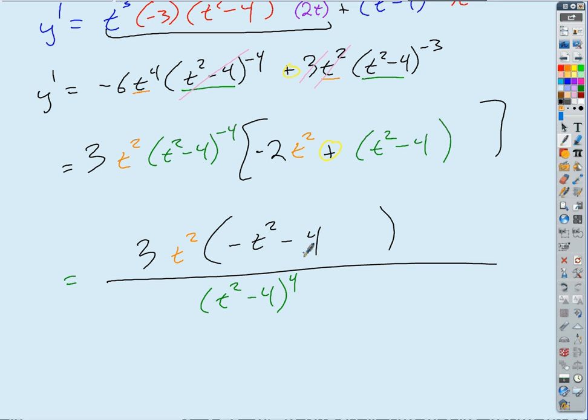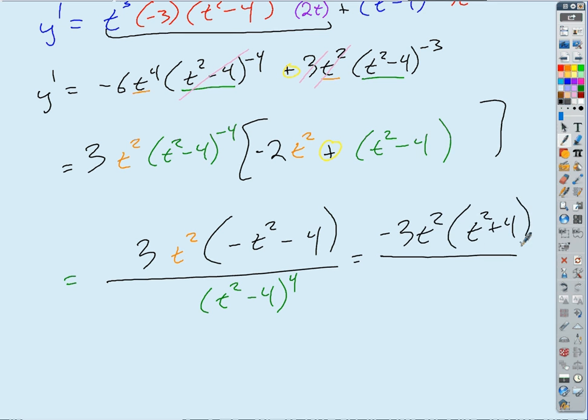Maybe take out a negative. So my final answer then just looks like negative 3t squared times t squared plus 4 over t squared minus 4 to the fourth.